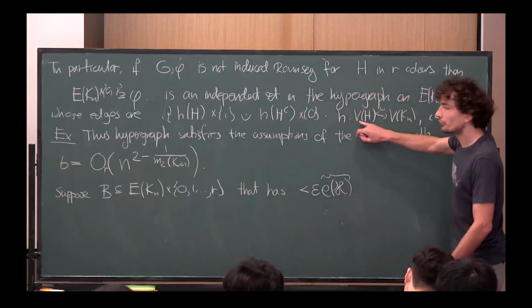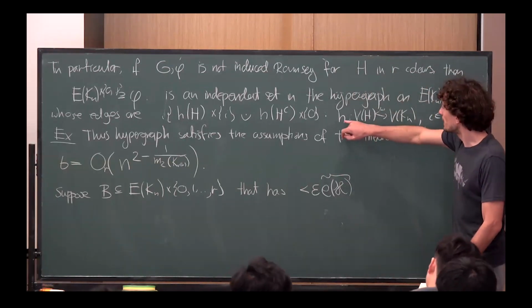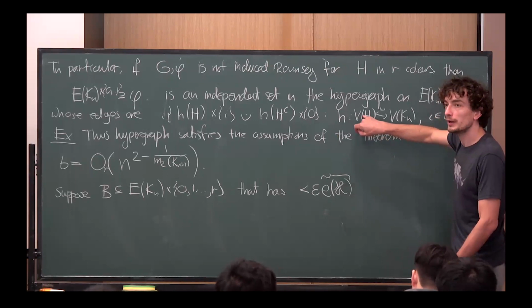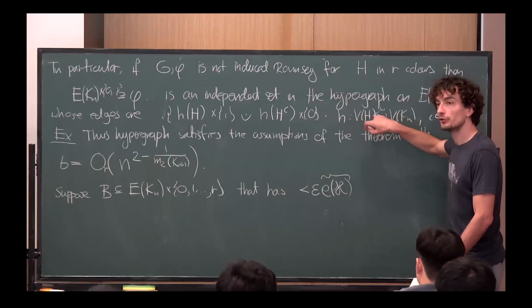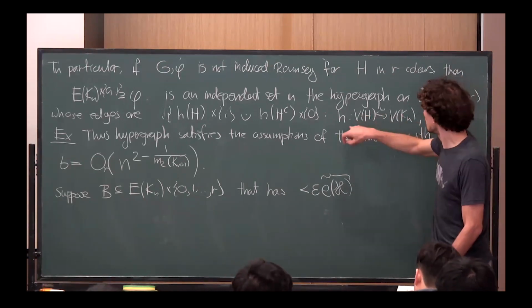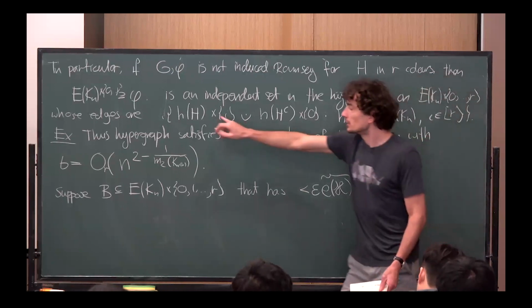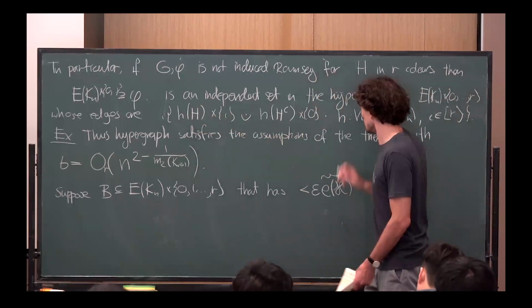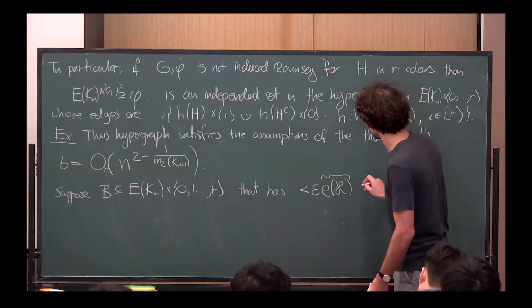Well, the order of magnitude is given by the number of possible ways to find this injection from V(H) to V(Kn), and we also have the choice of colors, and that's about it.